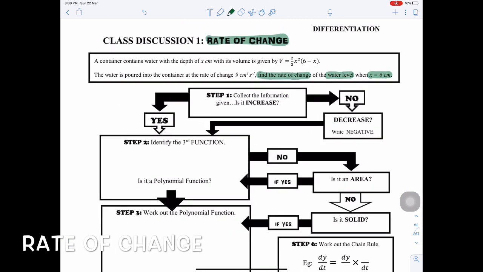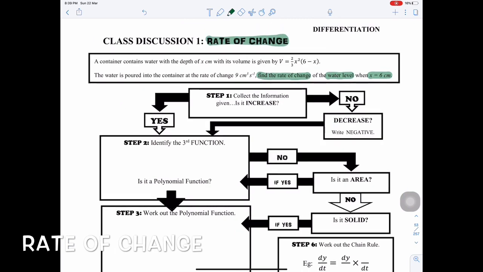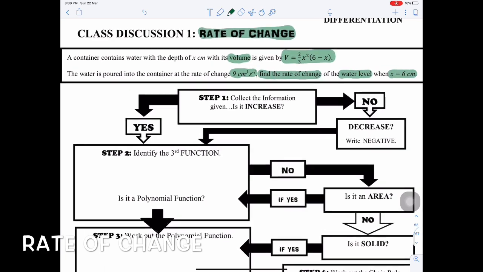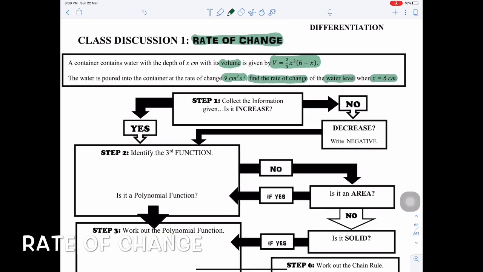Step 1: from the question we must know that the volume is already given as a formula, and from the information we must collect the information. So step 1, collect the information given.